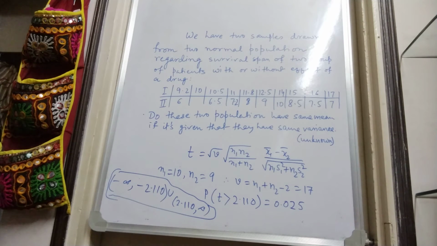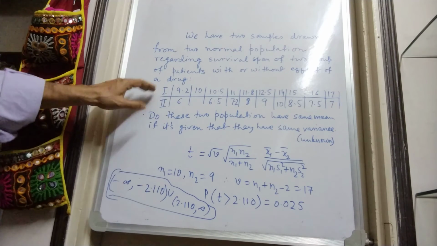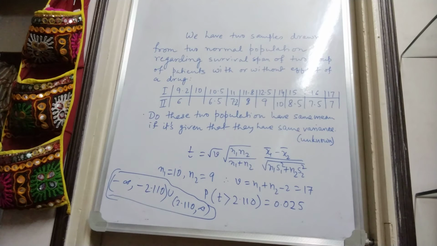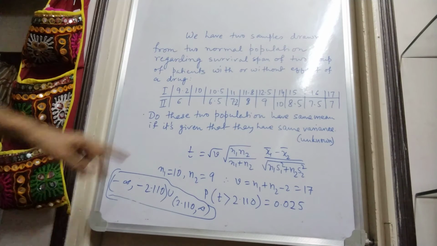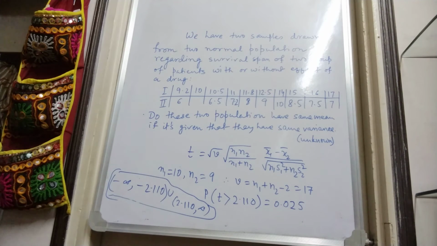So, we can easily infer, after calculating the value of t from this table here, and then since the critical region is given in this way, we should find whether this t lies within the critical region. Depending on that, if the computed value of t lies within the critical region at 5% level of significance, we reject H naught, otherwise we accept H naught.